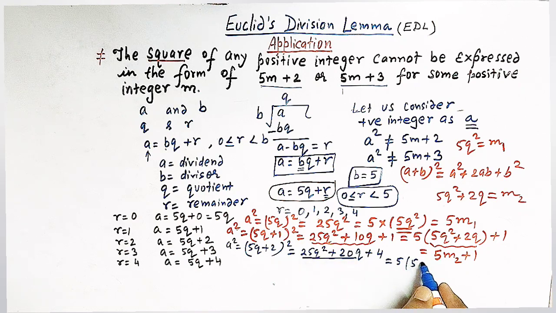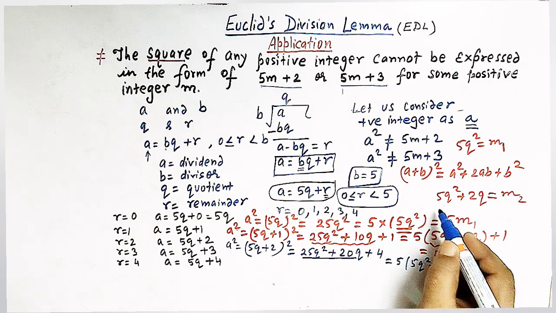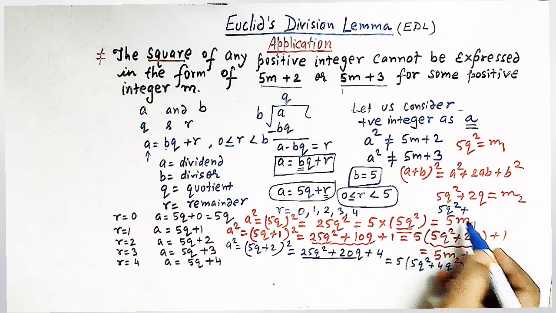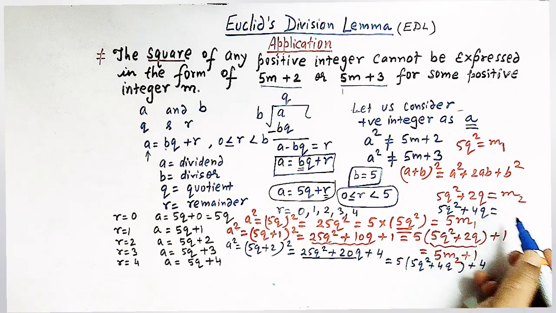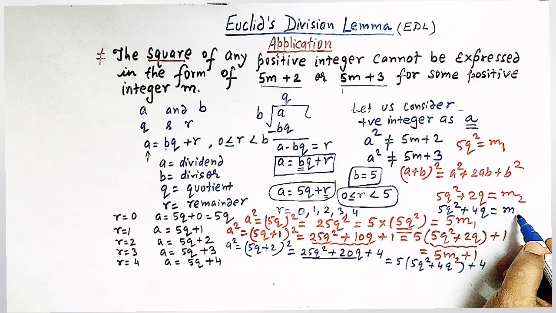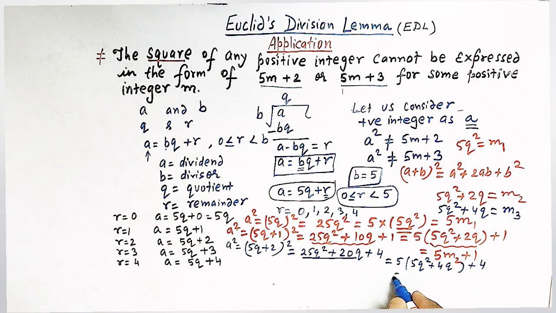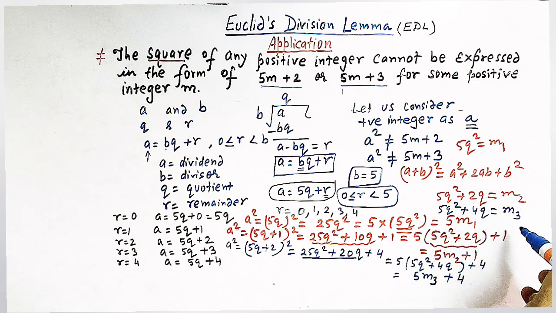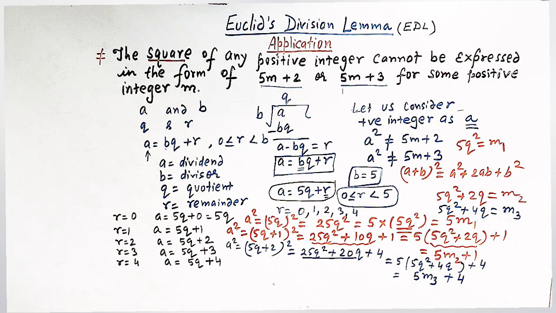So we have 5 times (5q square plus 4q), and here we have 4, right? Now 5q square plus 4q may be taken as some other integer, that is m3. So we have 5m3 plus 4, right? And here m1, m2, m3 are denoting positive integers, right?